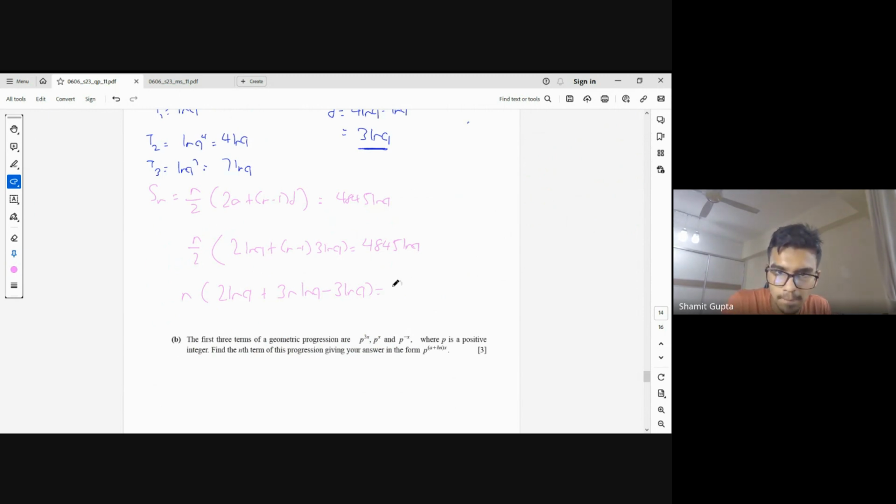9690 ln q. So this is n times (negative ln q plus 3n ln q) is equal to 9690 ln q.